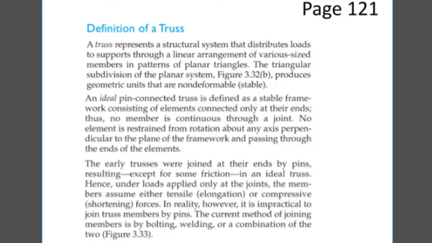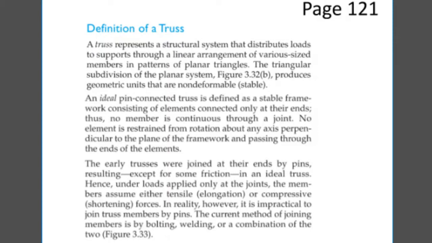An ideal pin-connected truss is defined as a stable framework consisting of elements connected only at their ends. Thus, no member is continuous through a joint. No element is restrained from rotation about any axis perpendicular to the plane of the framework and passing through the ends of the elements.